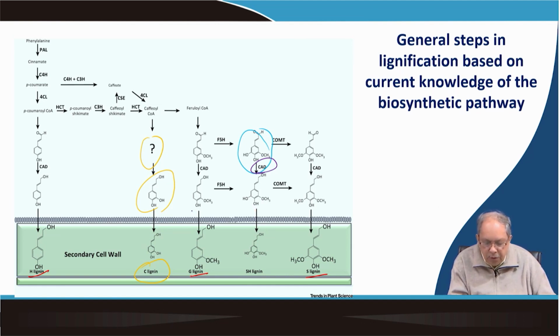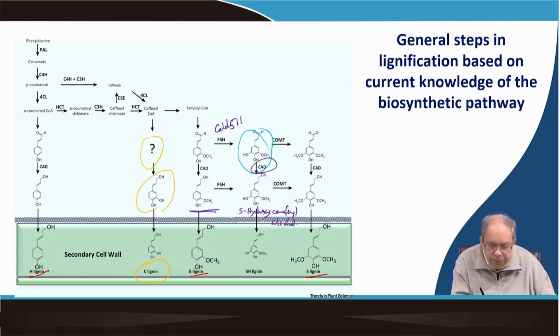This is coniferyl alcohol, and this is 5 hydroxy coniferyl alcohol. So, simply one CAD can convert the 5 hydroxy coniferyl aldehyde, which is already produced by CALD5H, coniferaldehyde 5 hydroxylase.